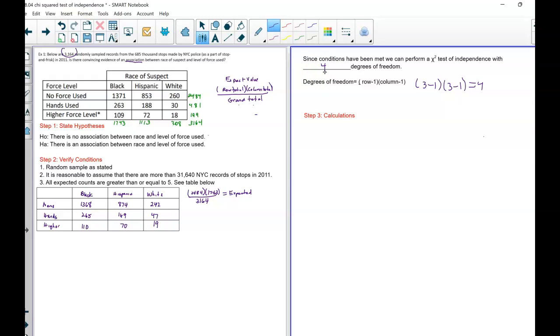We're now going to do our calculations. So the formula for the chi-squared statistic is the summation of the observed minus the expected squared over the expected. And you should show the first and last.